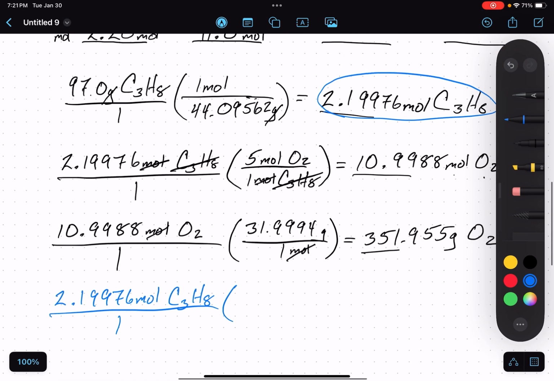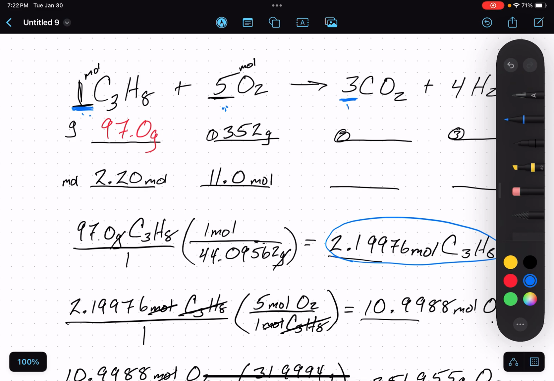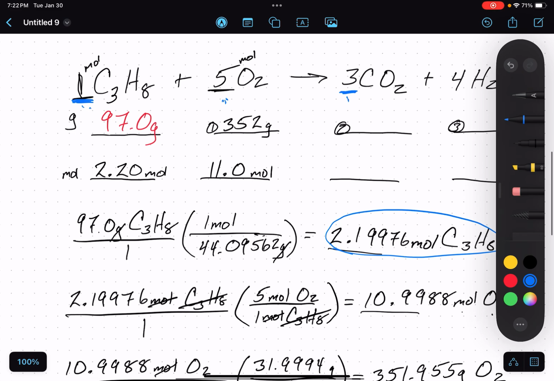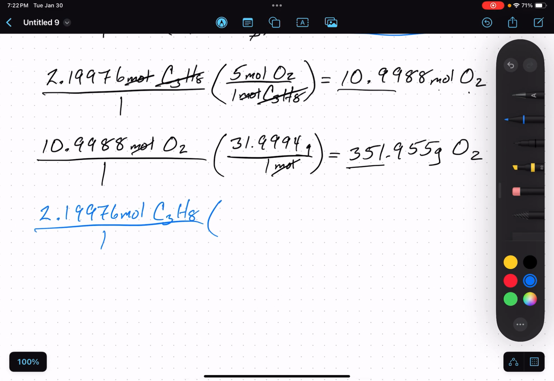I'm going from moles of A to moles of B, so from moles of propane to moles of carbon dioxide. I'm going to use the 1 and the 3. So I'm going to put 3 moles of CO2 all over 1 mole of propane, C3H8.